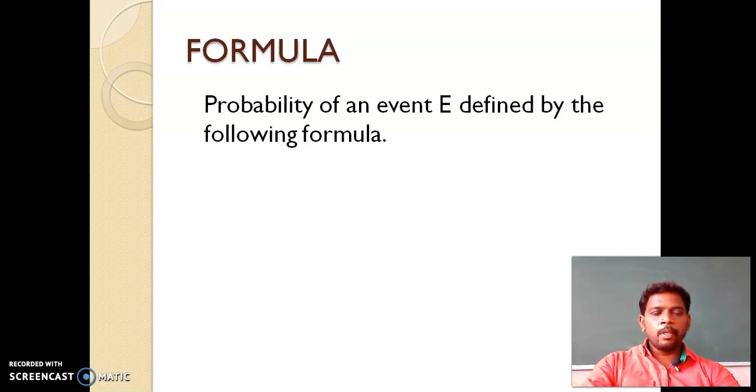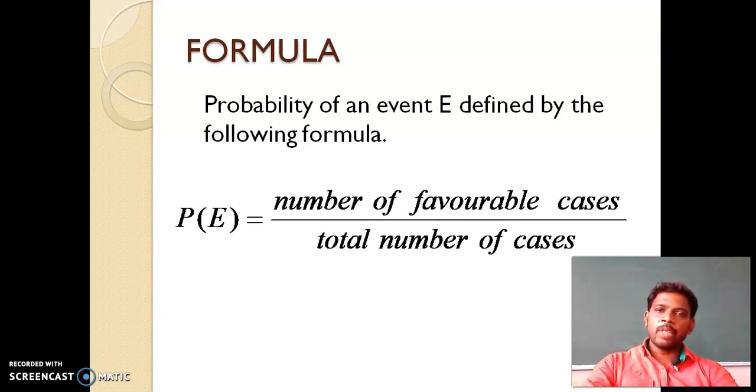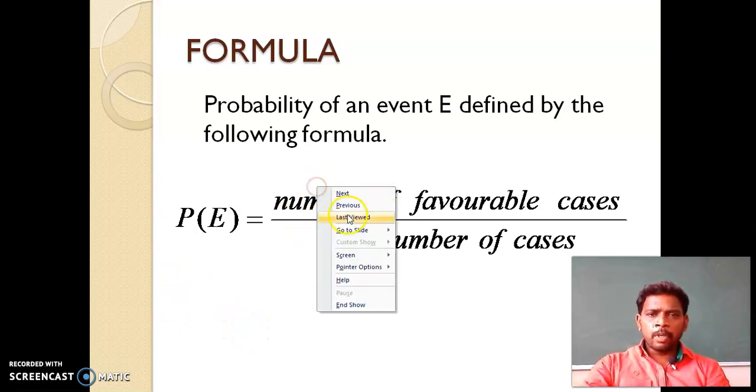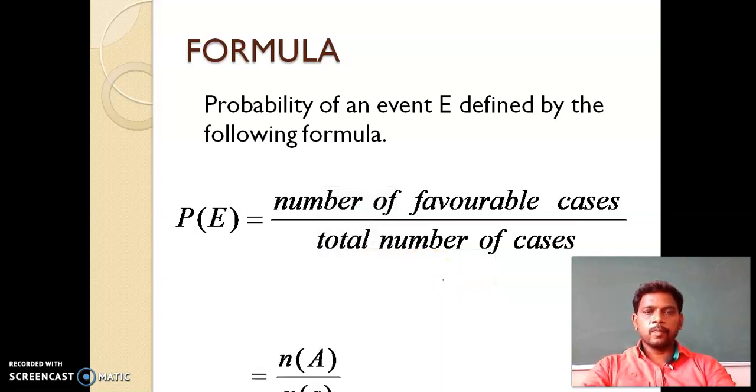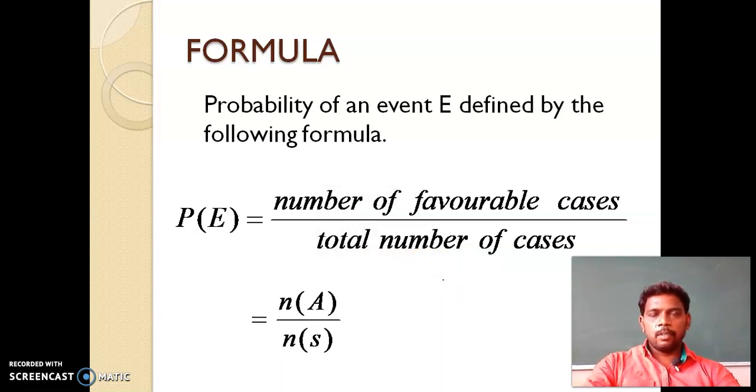So look at the formula. The formula of the probability is nothing but P of E equal to number of favorable cases divided by total number of cases. So in notation also we can define the formula, that is n of A by n of S. So before entering into the solution of the probability sums, first we have to identify the number of sample spaces and also number of events.